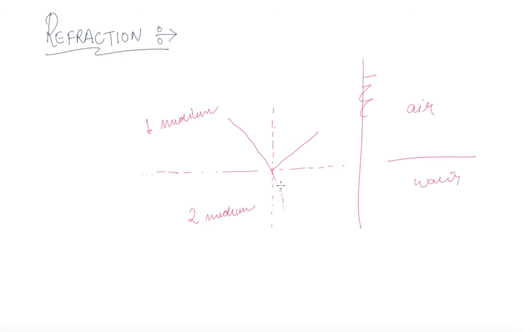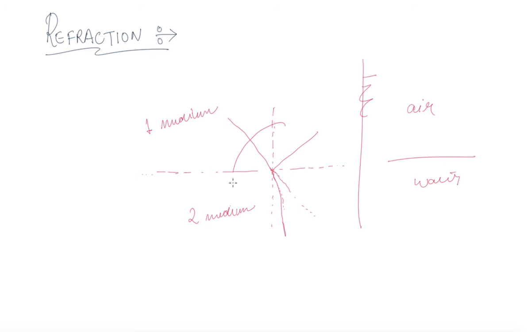But what we see is that it passes somewhere like this. If you try to draw a straight line, you see that it should have been somewhere over here. But instead, it changes its angle. In a way, you can understand that it changes the angle from the normal.